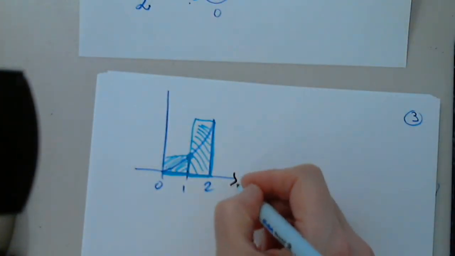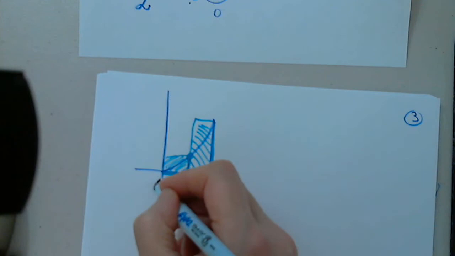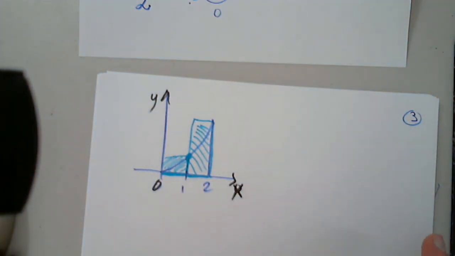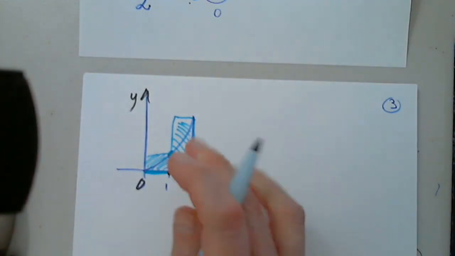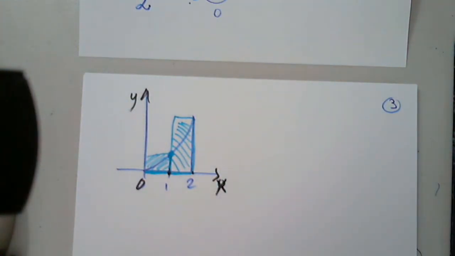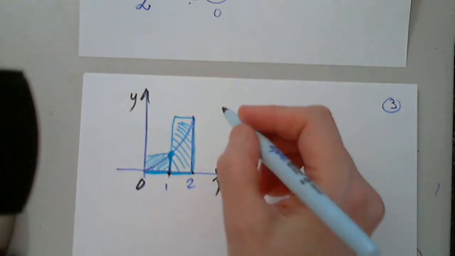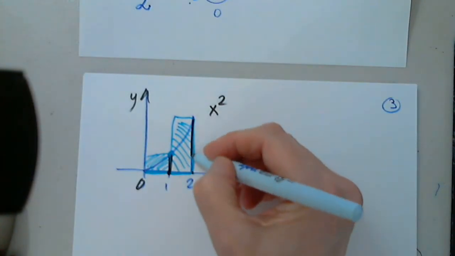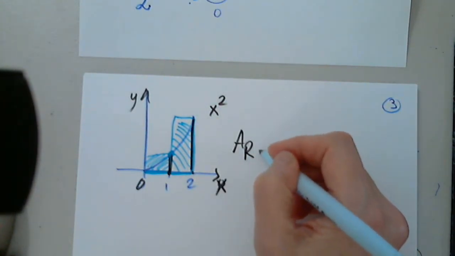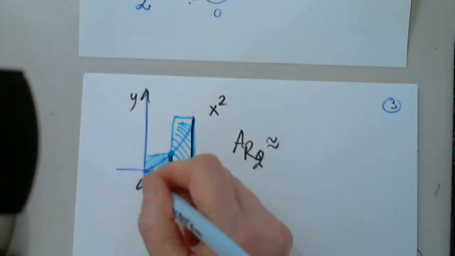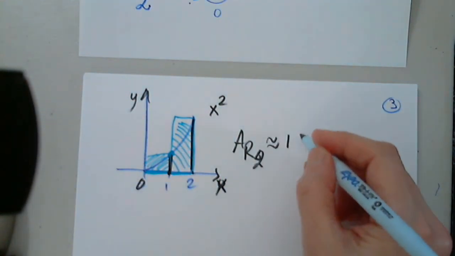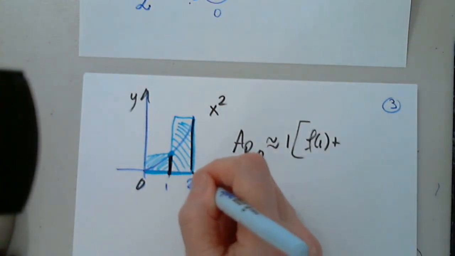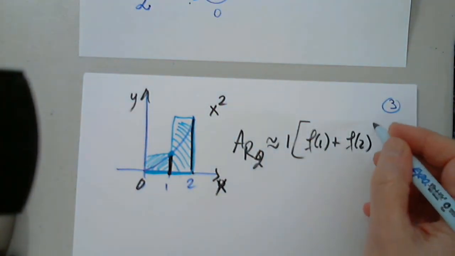Now, will anyone tell us whether this is an underestimation or an overestimation using the rightmost point for this function? For other functions, it may be the other way around, but for this function that I picked, x squared, if I use the rightmost point, the area with the right 2 will be approximately still base times height, which is 1, times f of 1, plus base, which is 1, times f of 2.